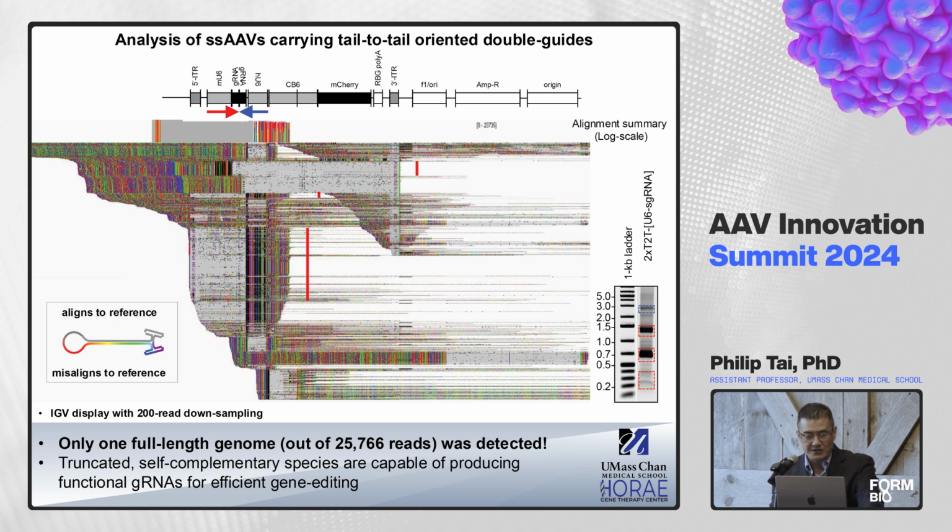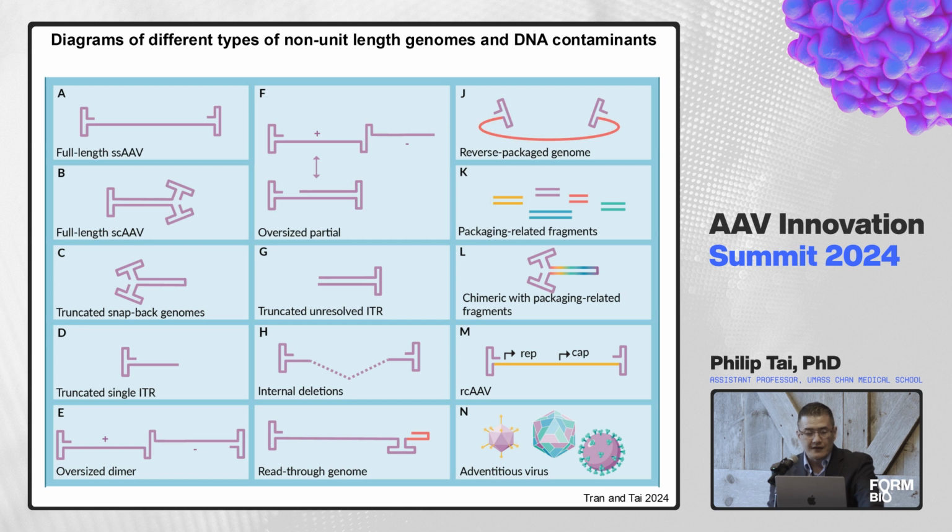more homogeneous. So in terms of understanding heterogeneity, I put together this very basic table of at least the species that we know exist based on the long-read sequencing technologies that we use. So panels A and B represent what we would consider unit-length molecules, right?